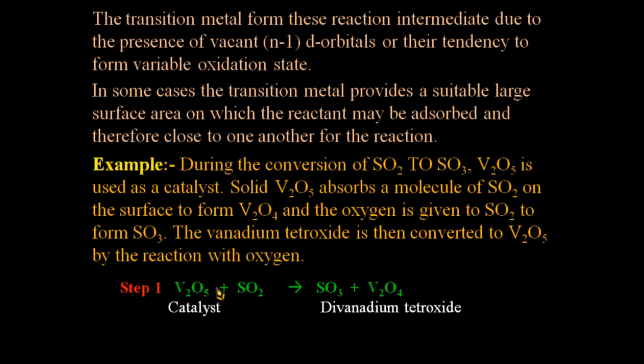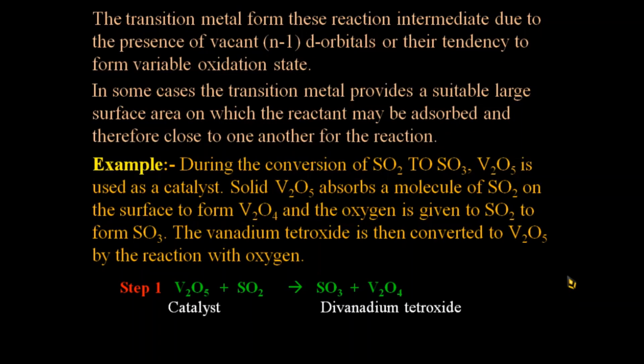In this reaction, our catalyst V2O5 reacts with SO2, sulfur dioxide, and transfers one oxygen to SO2. Therefore V2O5 is converted into V2O4, divanadium tetroxide, and SO2 is converted into SO3, because SO2 takes the oxygen from V2O5.